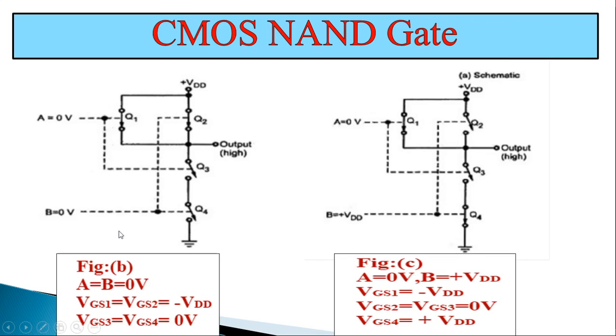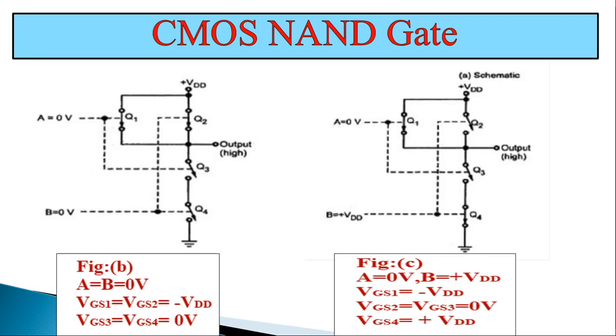Here the gates of both P channel MOSFETs are negative with respect to their sources, since the sources are connected to plus VDD. Thus Q1 and Q2 are both on.